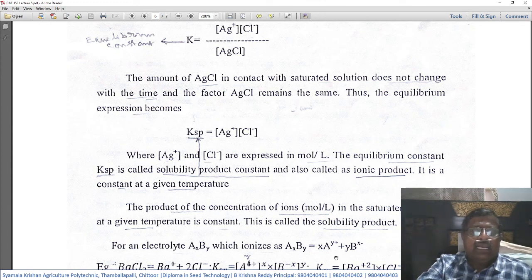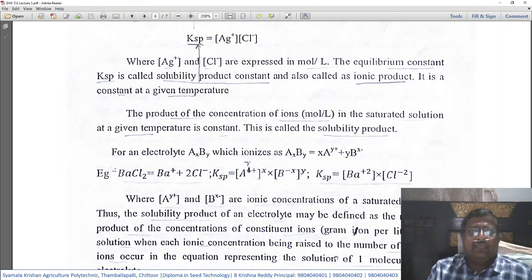That is Ksp is equal to [Ag+][Cl-]. Where Ag+ and Cl- are expressed in moles per liter, the equilibrium constant Ksp is known as the solubility product constant. It is the solubility product constant and is also called the ionic product. This is a constant at a given temperature. This Ksp will be constant at a given temperature.